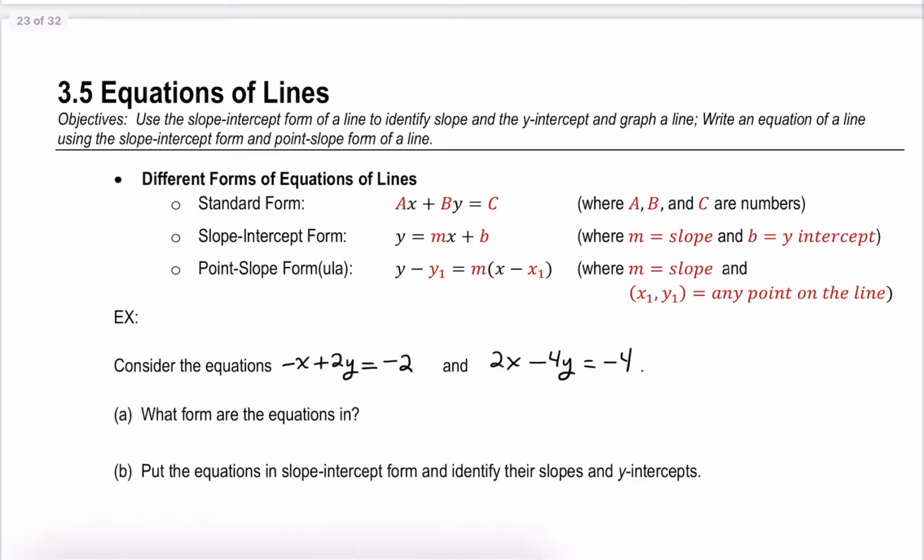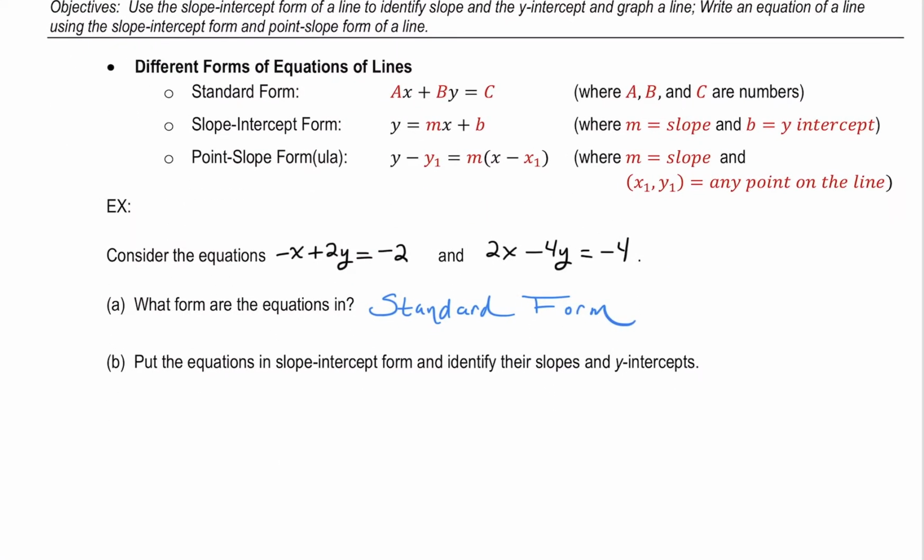So the first question here was, what form are these equations in? And so, we just said these are in standard form. Now suppose we were asked to put them into slope-intercept form. That is our second form of the line that you see up above. This one's a little nicer, I think, for a couple of reasons.